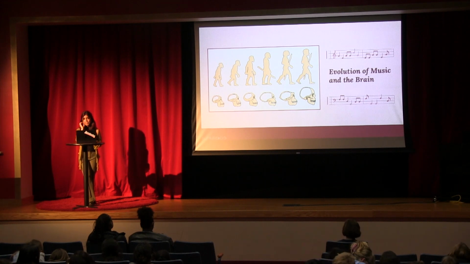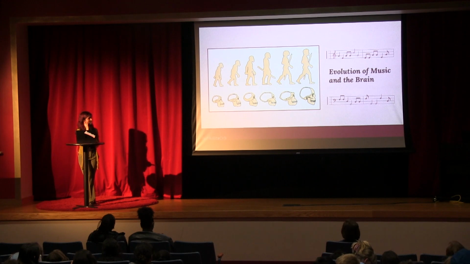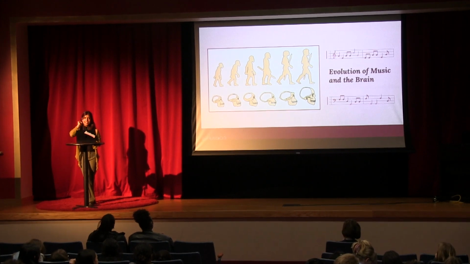It's something that a lot of us know already as very young children or even fetuses. And so that's kind of an interesting aspect of evolution in terms of music and the brain. And it's not really something that's talked about often. I think music is very underrated in terms of being used as part of scientific study.